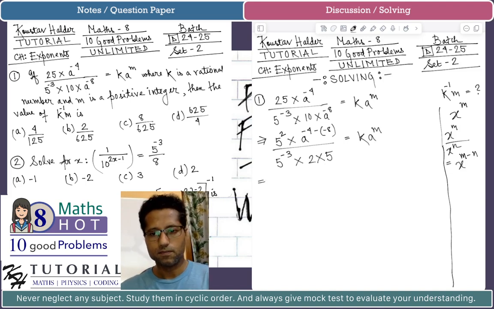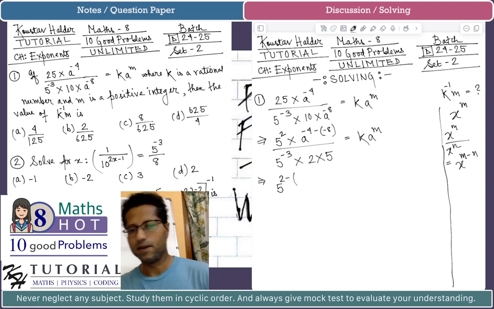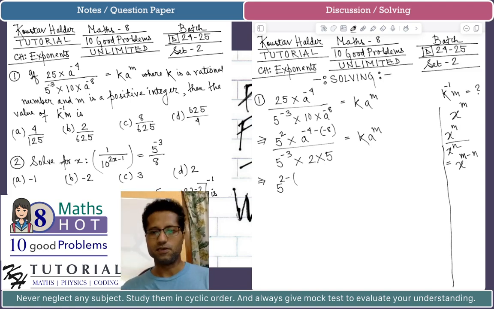Okay, this implies now if I merge all the powers of 5, in the numerator I have 5 raised to the power 2, and in the denominator I have 5 to the power minus 3 multiplied by 5. Okay, let me do the solution step by step.